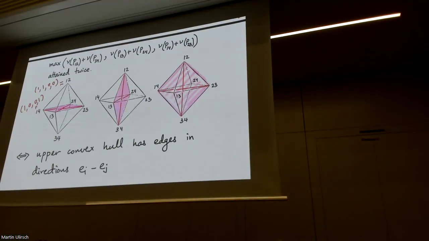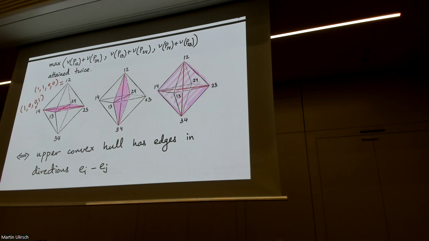So let's try to understand this a bit better. How do I visualize this maximum attained twice? These 6 Plücker coordinates are naturally associated with the 6 vertices of this octahedron. Each of these 3 terms corresponds to the 3 diagonals of my octahedron, that connect the opposite vertices.